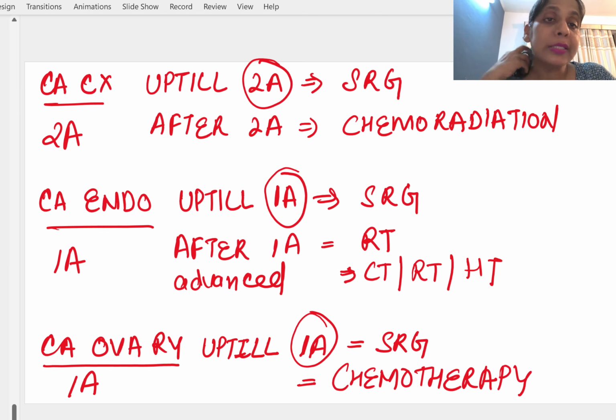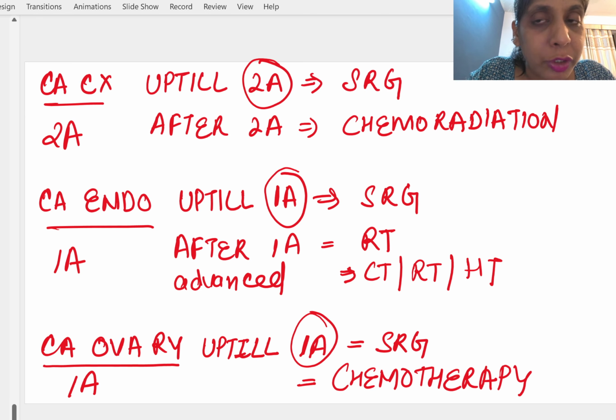Chemotherapy alone will not be sufficient. We have to give radiotherapy, but before radiotherapy we give IV chemicals because they increase the sensitivity. So the procedure is known as chemoradiation. Up to 2A it is surgery.